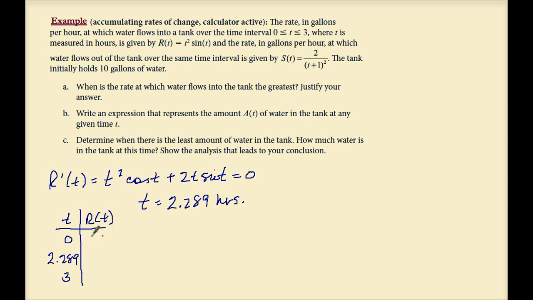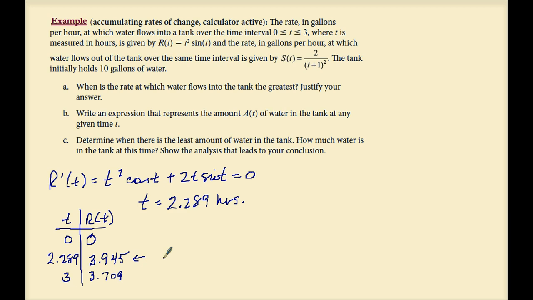At time 0, the rate was 0. At time 2.289, the rate was 3.945 gallons per hour. At time 3, the rate was 3.709 gallons per hour. So the rate was greatest at time 2.289 hours.